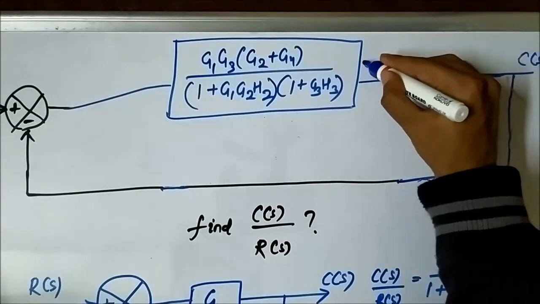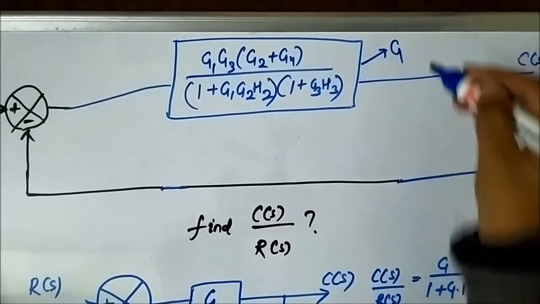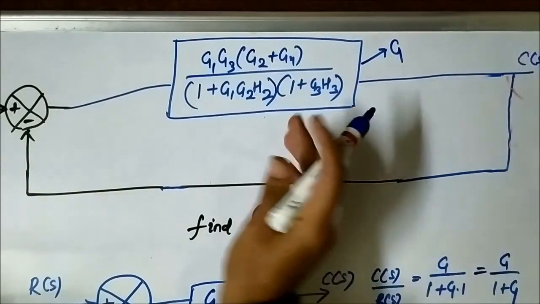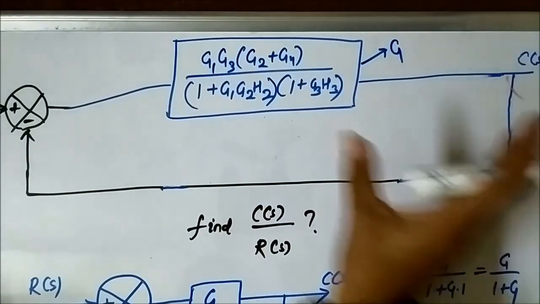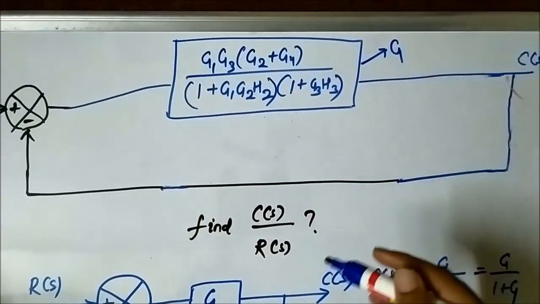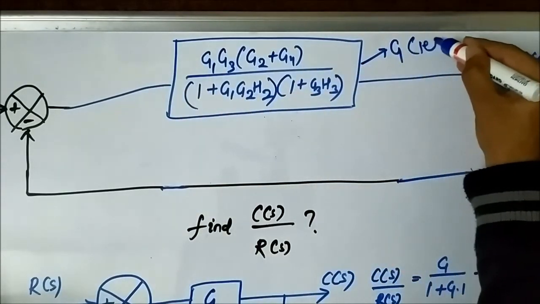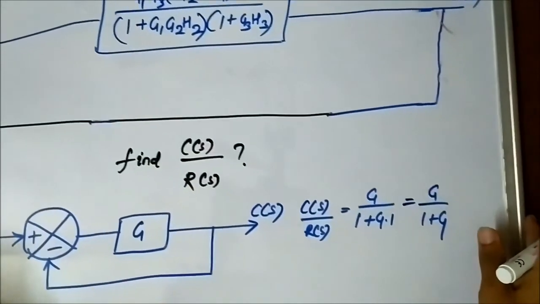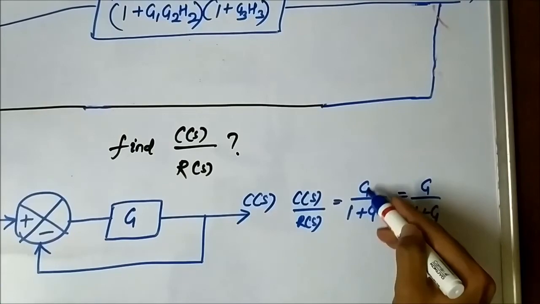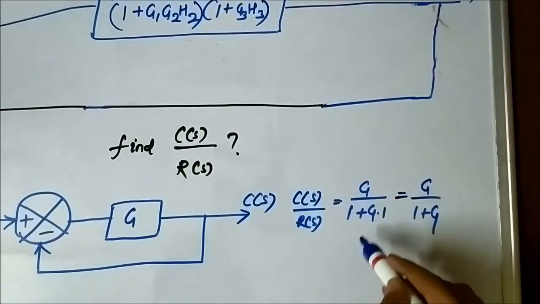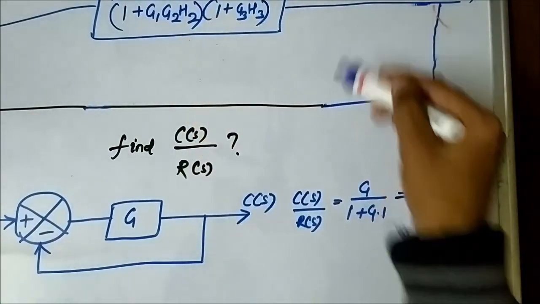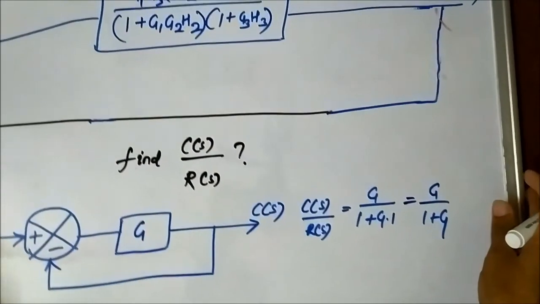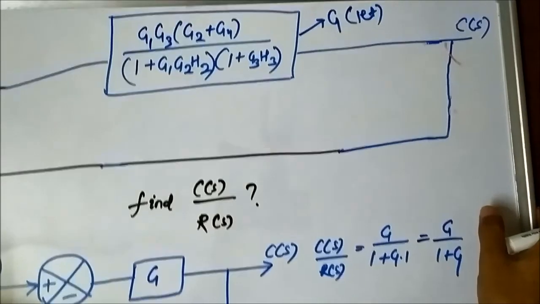Let us denote it as G, because it will be very lengthy to write the whole expression. So the combined transfer function C(s) by R(s) will be G by 1 plus G into 1, and you can just solve it by cancelling the common denominators and you will get the required transfer function.